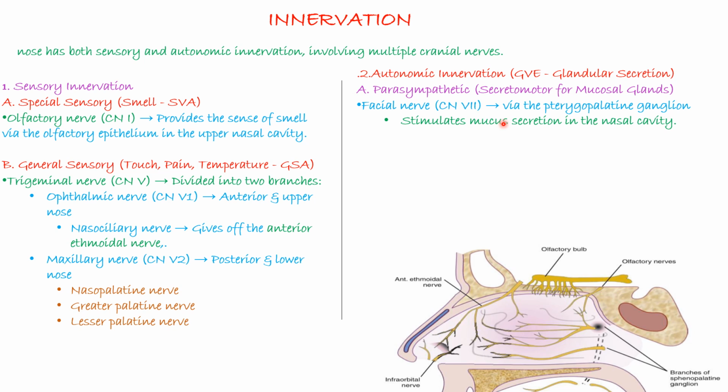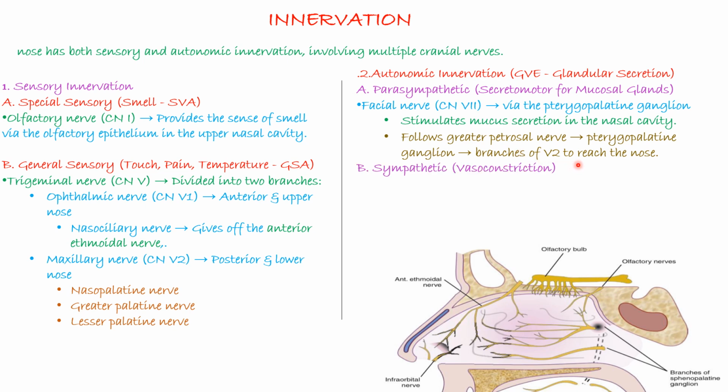So it stimulates the mucus secretion in the nasal cavity, as I said before. The nerve that is given off from the facial nerve is the greater petrosal nerve, which moves to the pterygopalatine ganglion, and then it is given off by the branches of V2 to reach the nose.